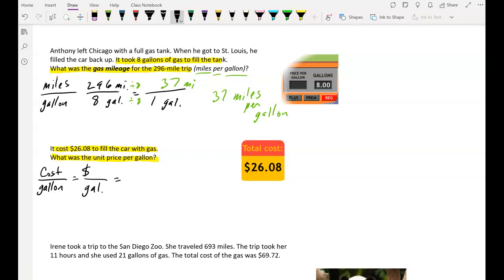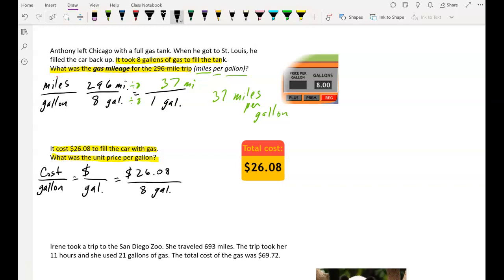Okay, well, we know that it cost $26.08, and he used 8 gallons of fuel, according to the information.